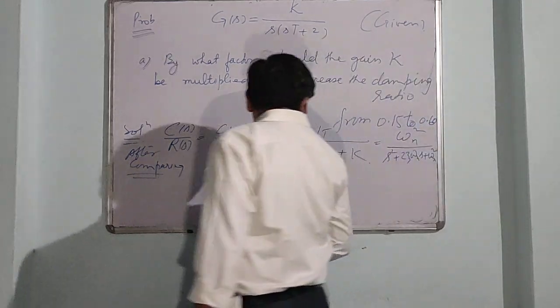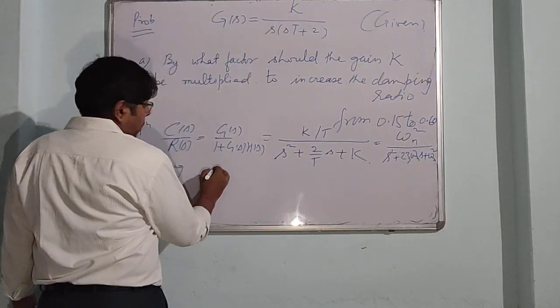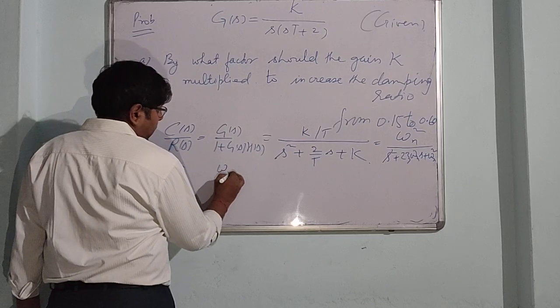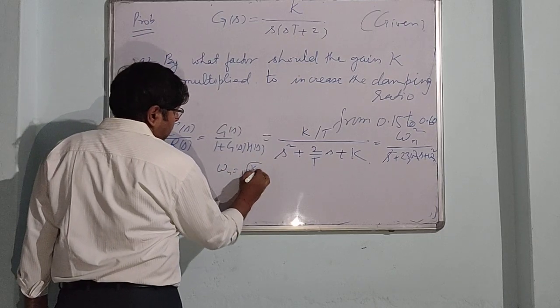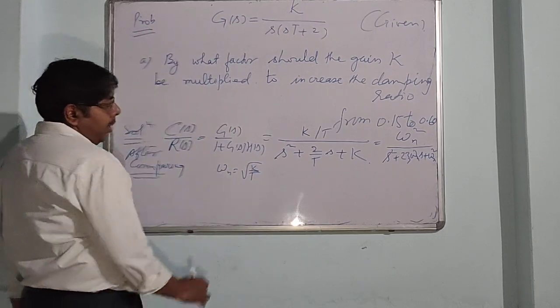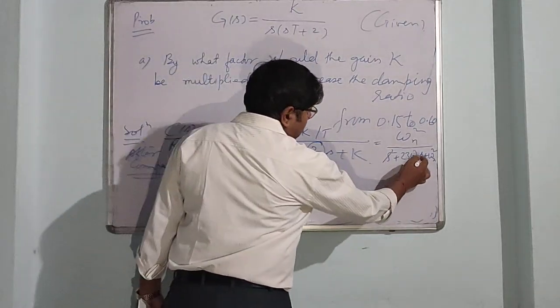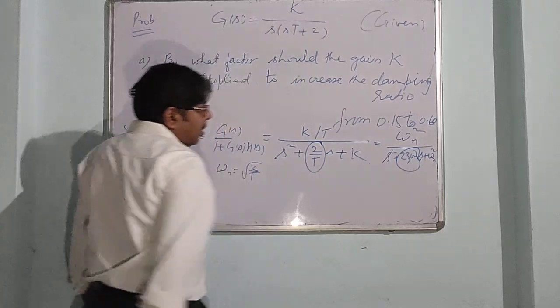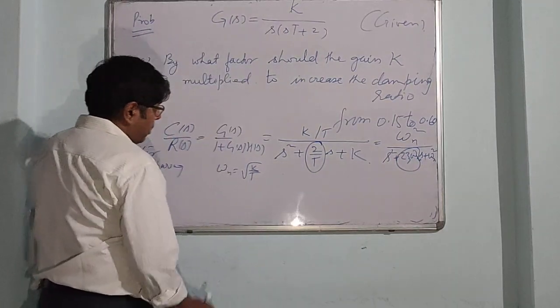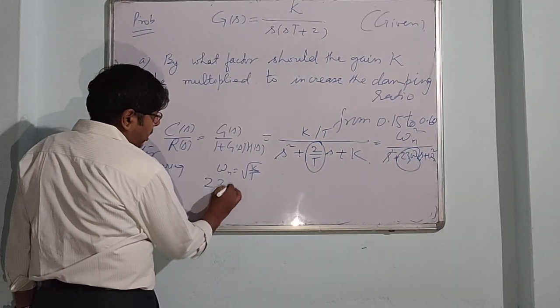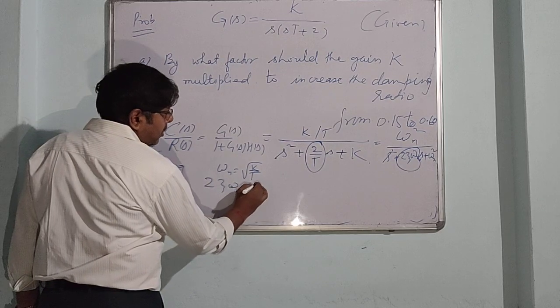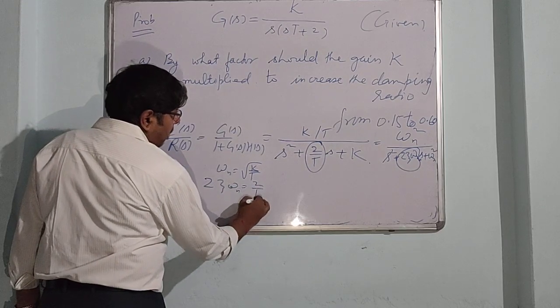So this is the standard form. From here you can find omega n, which is under root K by T, and this factor 2 by T is the coefficient of s, that is twice zeta omega n.